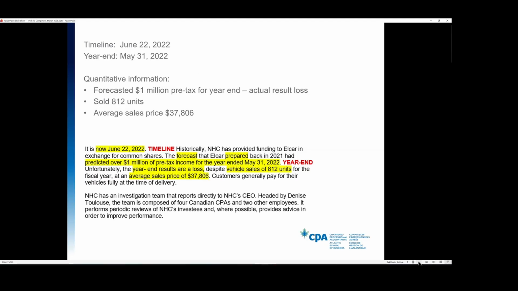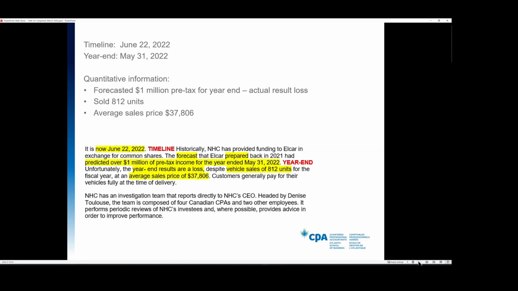The next paragraph outlines our timeline. In this instance, this version of the case is June 22nd. Year end is already gone by. It was May 31st. There's some important qualitative information, so I'm going to include that in my outline. I'm just going to include a section, quantitative information.